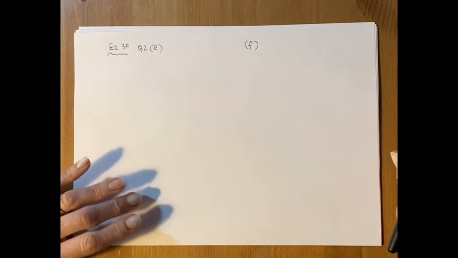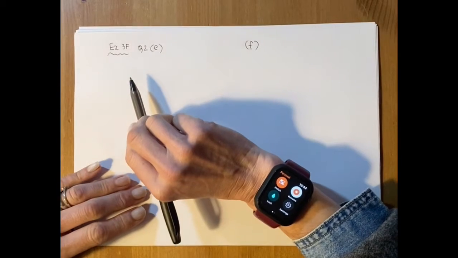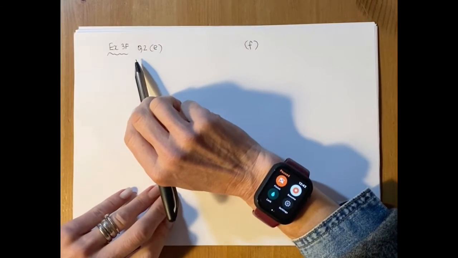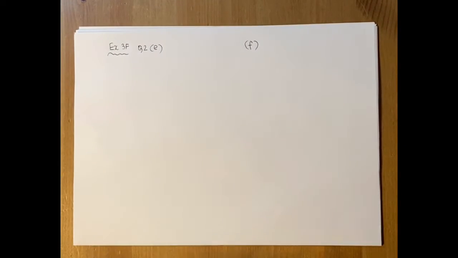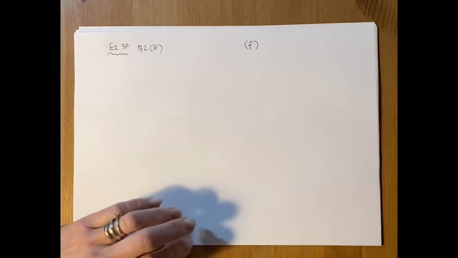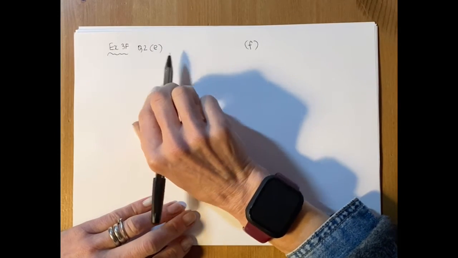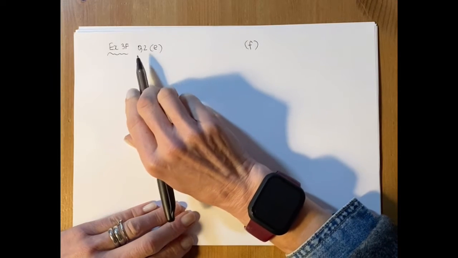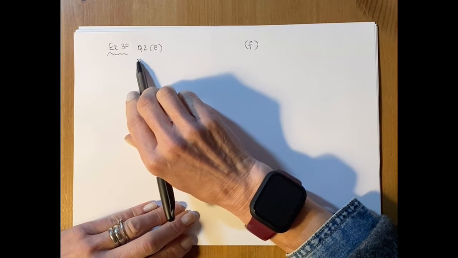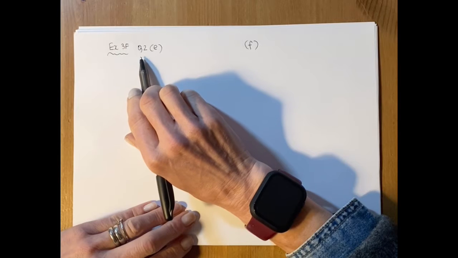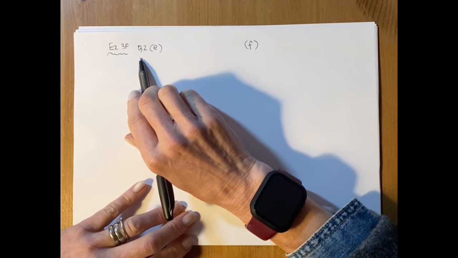Okay, so let's have a look at exercise 3F, just a little bit of help on question 2 and question 3. I'll go through question 2E and 2F. For each of those, you will have to sketch the graph of both functions stated.